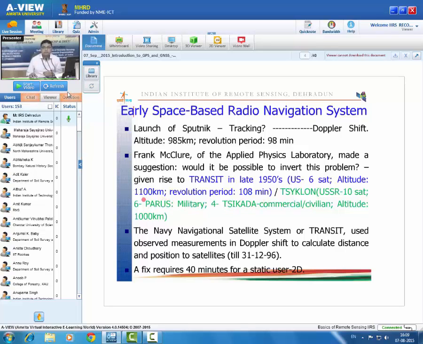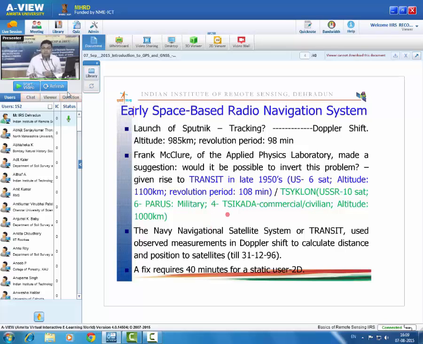Parus was a military system which again had 6 satellites at an altitude of 1000 km, whereas Cicada was used for commercial and civilian applications. It consisted of 4 satellites. So basically the Parus system and Cicada together form the Cyclone system. One was the Russian system, another was the US system. These two were developed during that time.